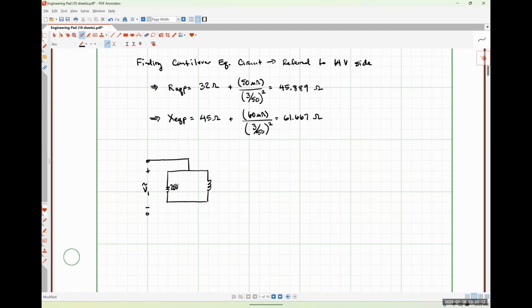So 250 kiloohms, J 30 kiloohms, 45.889 ohms, J 61.667 ohms.